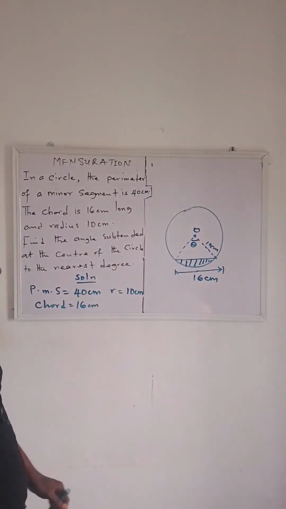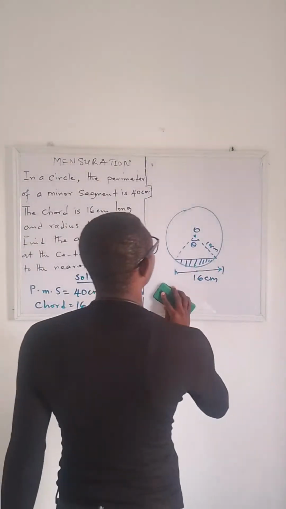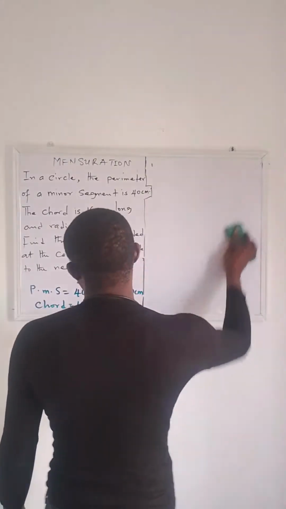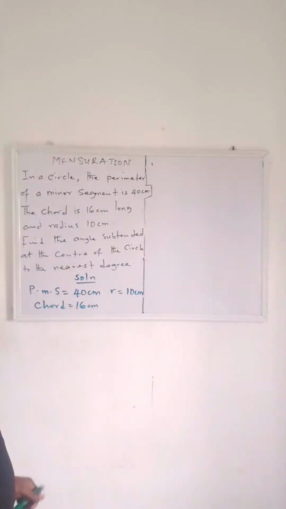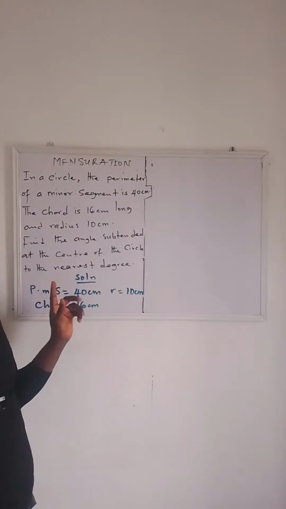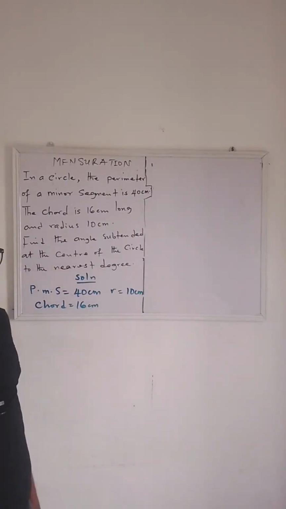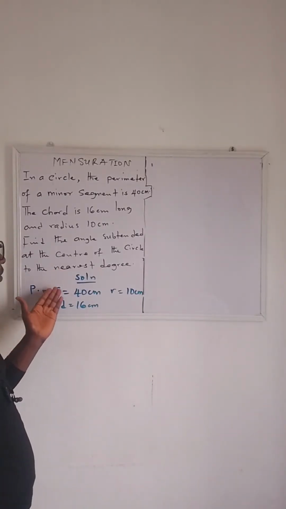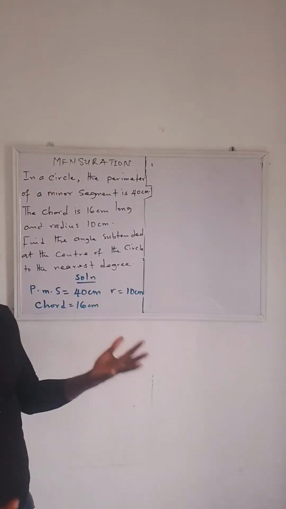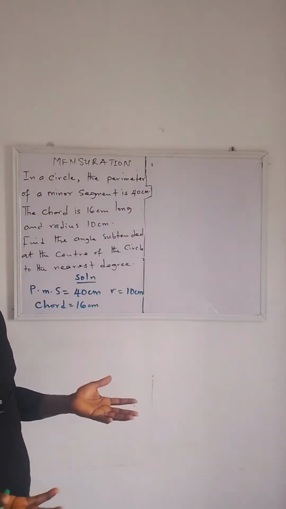All right. So what I'm going to write out now is the formula for finding the perimeter of minor segments. Perimeter of minor segment has been given in the question, so I don't need to find that.